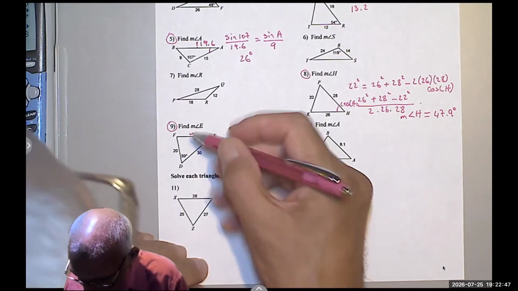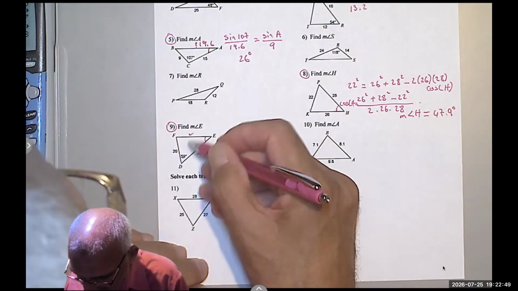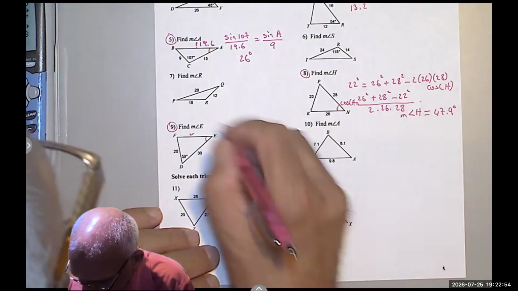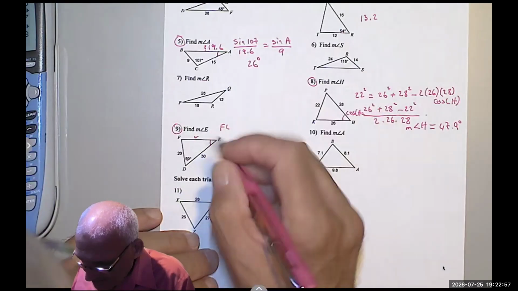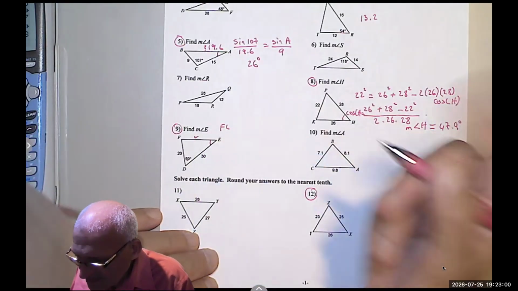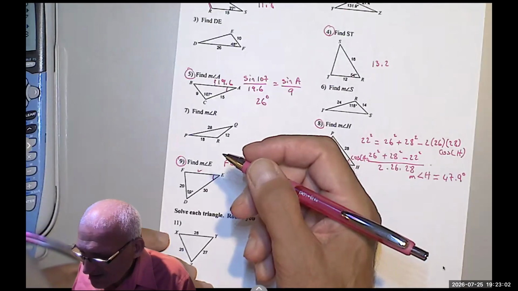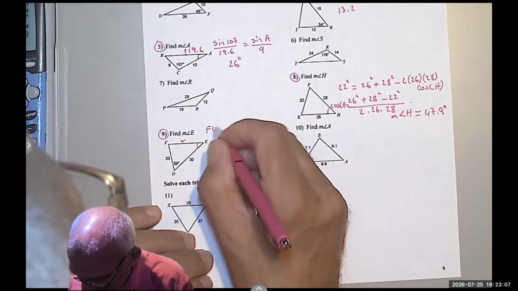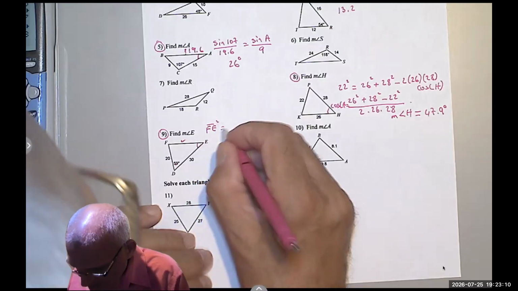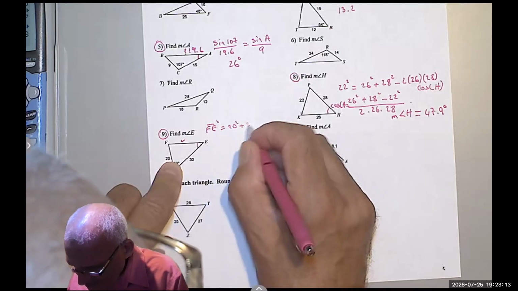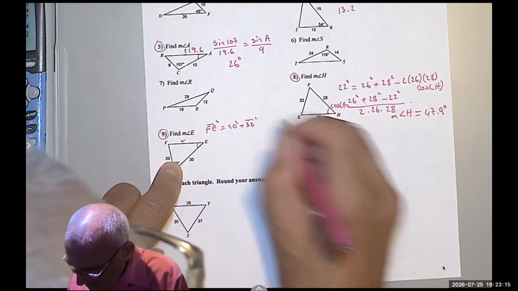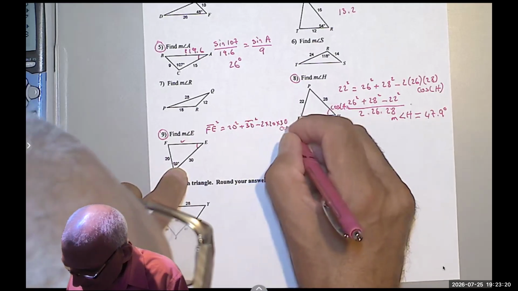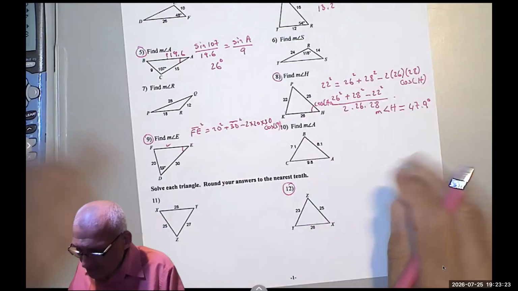And then I'm going to use the law of sines by dividing the sine of this angle over that, is the sine of the angle I don't know over that, like we did before. So I would say FE squared equals 20 squared plus 30 squared minus 2 times 20 times 30 cosine 59, which is roughly 1/2, slightly more.